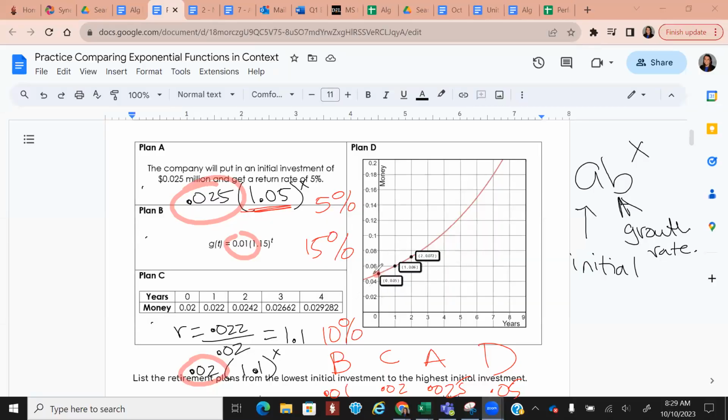So in order to figure out the growth rate on this one, we're going to take 0.06 and divide it by 0.05. The reason why we're doing this is we're taking the second term divided by the first term. So if we take 0.06 and we divide it by 0.05, that's going to give us 1.2. Well, 1.2, if we take off the 1, that means we're going to have a 20% growth rate. Which one has the highest?